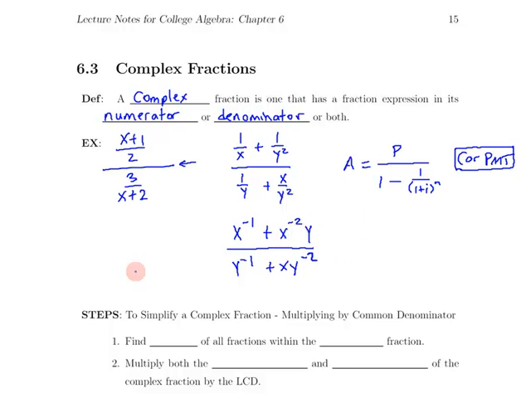But if you recall a rule for exponents that you've seen somewhere before: what does it mean to have a negative exponent? If I have some number and I raise it to a negative power, what does that actually mean? Somewhere along the way you will have seen this.